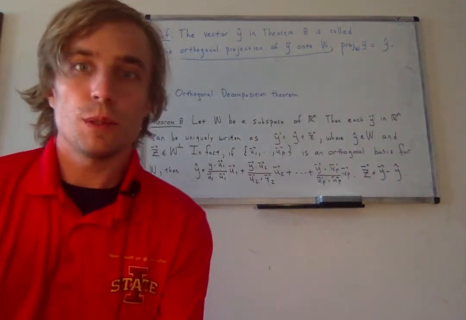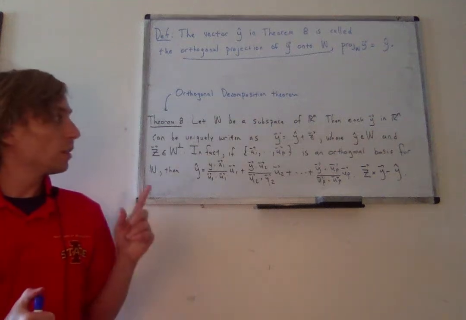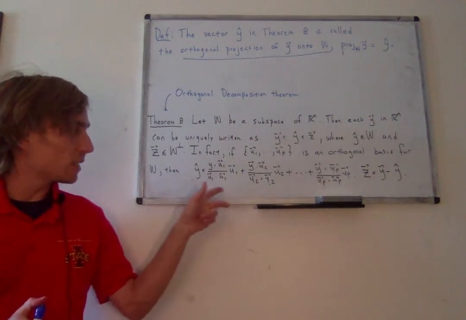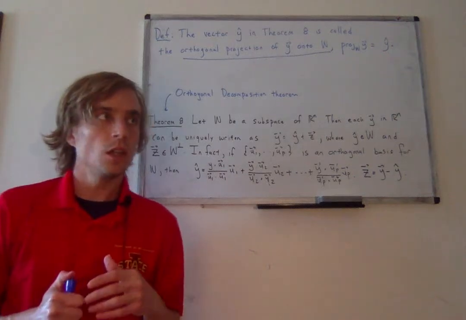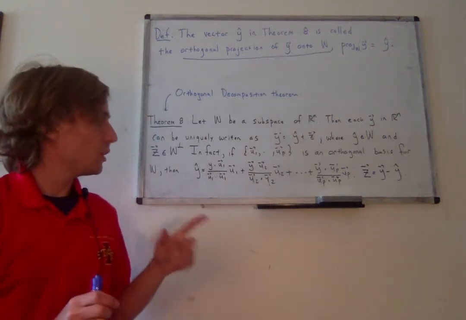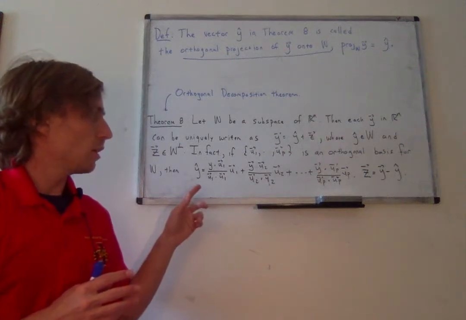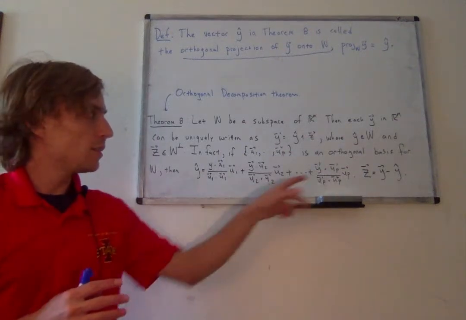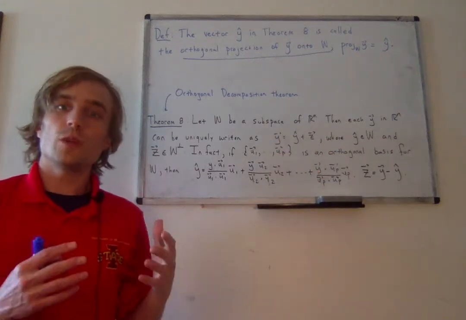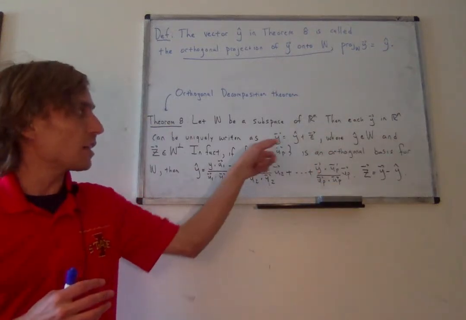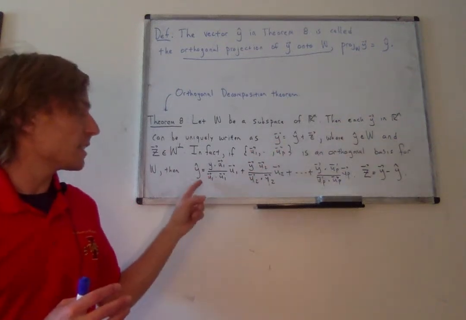So how can we prove this theorem? What I want to do is, given that we already have this definition of what y hat should be, and I'll leave this up on the board, we're going to quickly show first that z is orthogonal to w. After doing that, we have this decomposition of y into y hat, which definitely is contained in w, right?